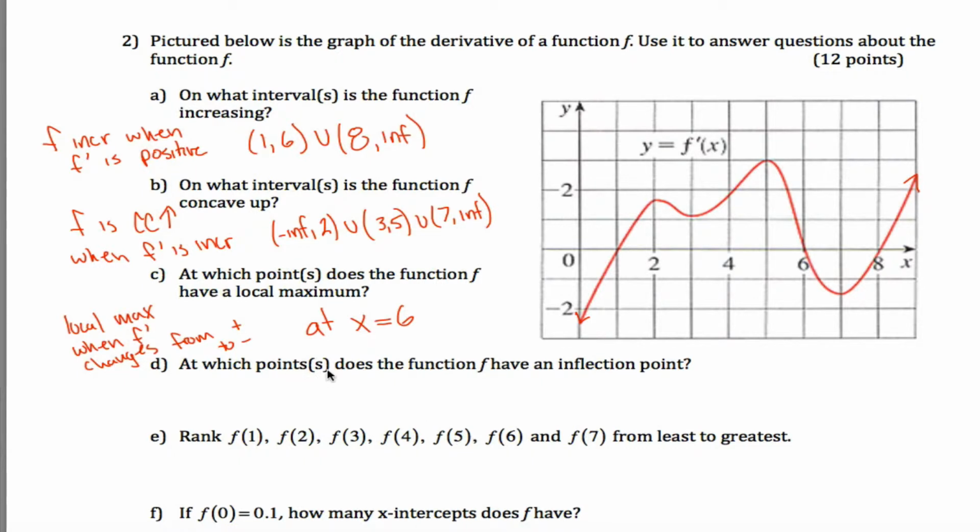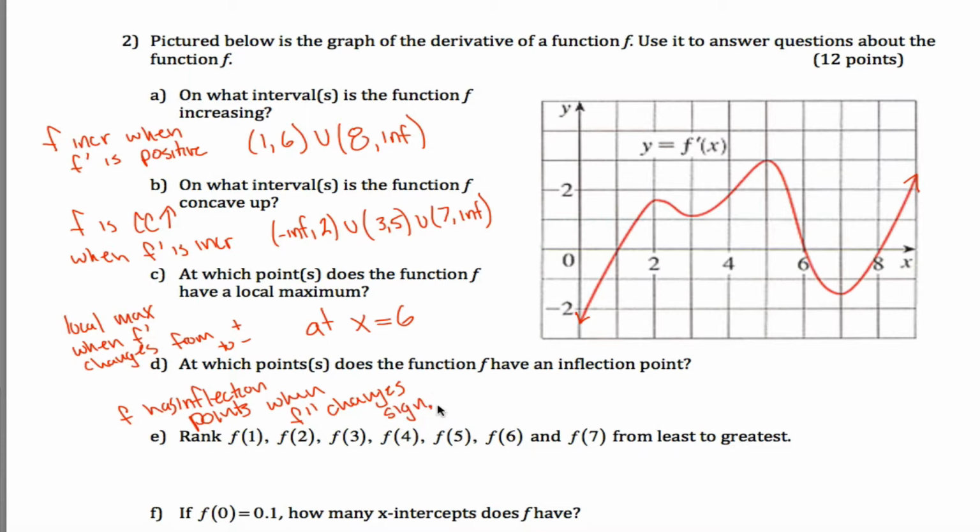At which point or points does the function f have an inflection point? Inflection point, maybe f has inflection points when the second derivative changes sign.